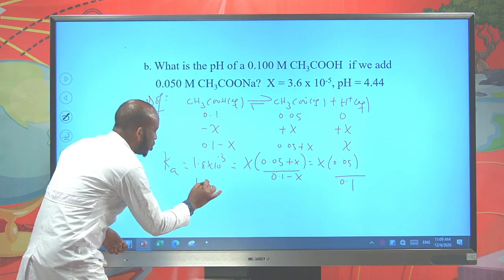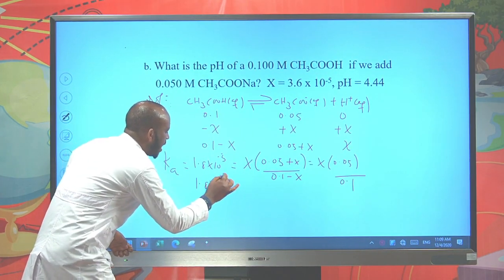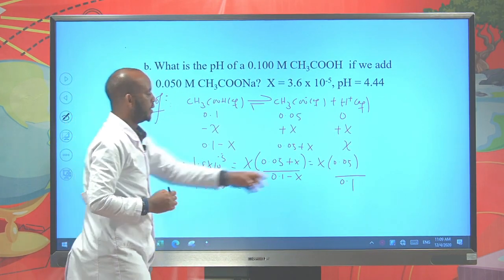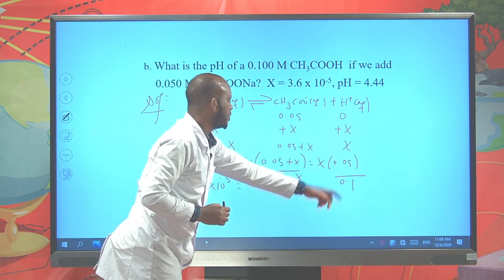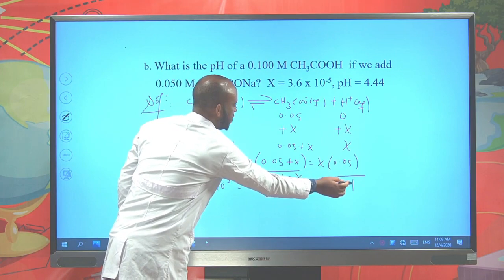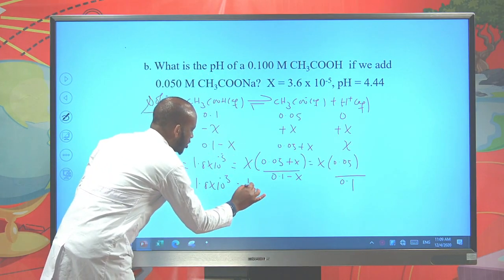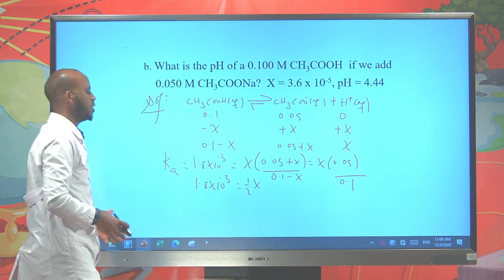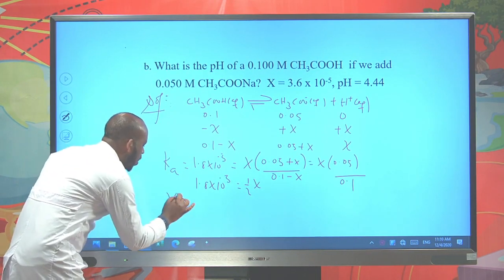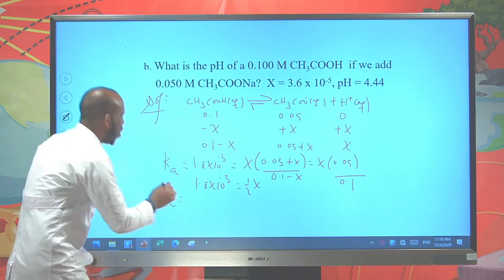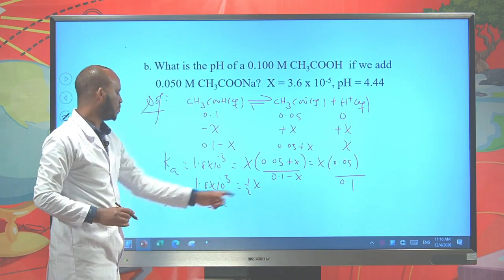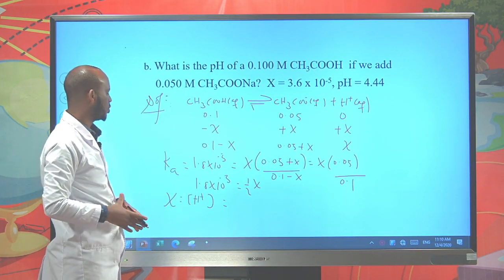Now 1.8 times 10 raised to minus 5 equals X times 0.05 divided by 0.1. 0.05 divided by 0.1 is 5 divided by 10, which is 1 over 2, so 1 over 2 times X. From this, X, the equilibrium concentration of H+, equals 2 times 1.8 times 10 raised to minus 5.